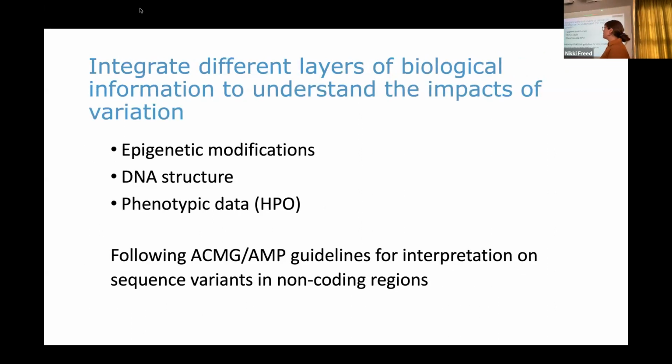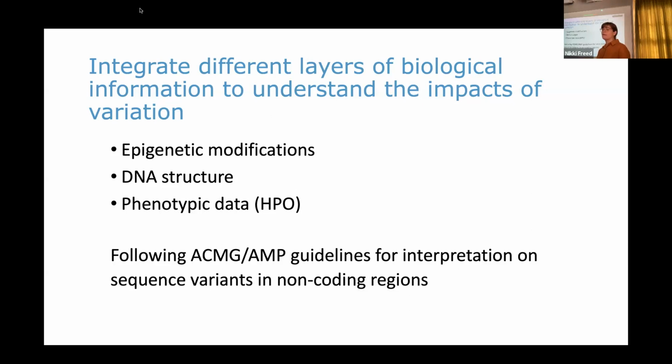We expect that maybe around 50% of the time, we might not get an initial diagnosis from the workflow. So in that case, we'll be using a more research-driven approach and really looking at incorporating different layers of biological information to investigate the non-coding regions of the genome and how they impact disease.